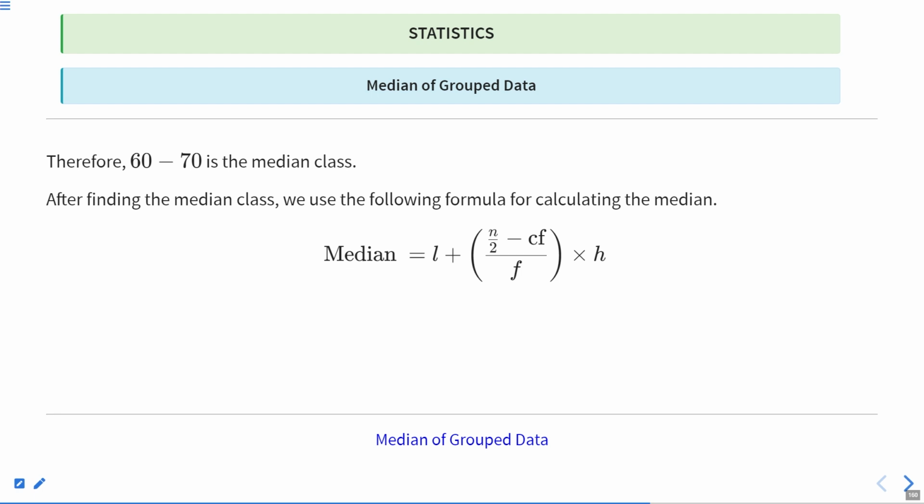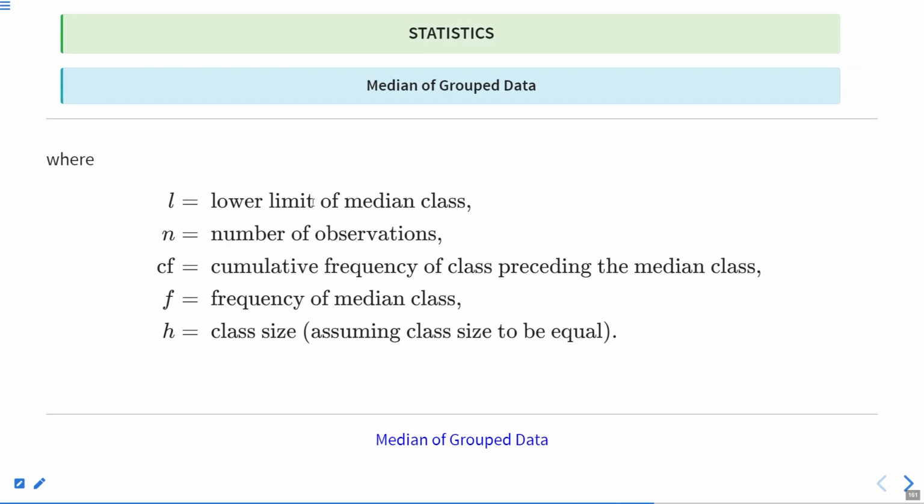Median is equal to L plus (n by 2 minus CF) by F, into H. Where L is the lower limit of the median class, n is the number of observations, CF is the cumulative frequency of the class preceding the median class, F is the frequency of the median class, and H is the class size. Here we are assuming the class size to be equal.